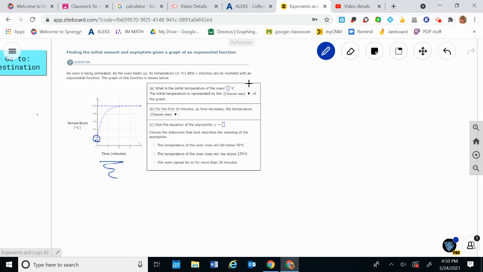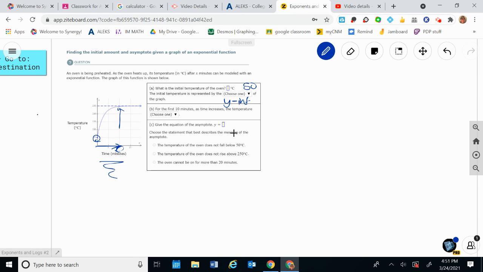Right there, 50. The initial temperature is represented by the y-intercept. For the first 10 minutes, as time increases, the temperature increases rapidly. Most likely that's what it's going to be, because look, it increases. And then it starts to flatten out after 10 minutes.